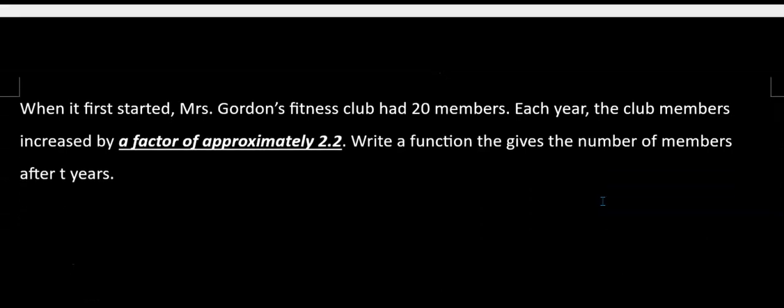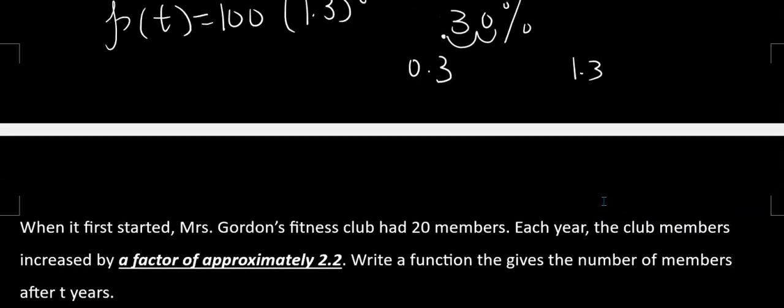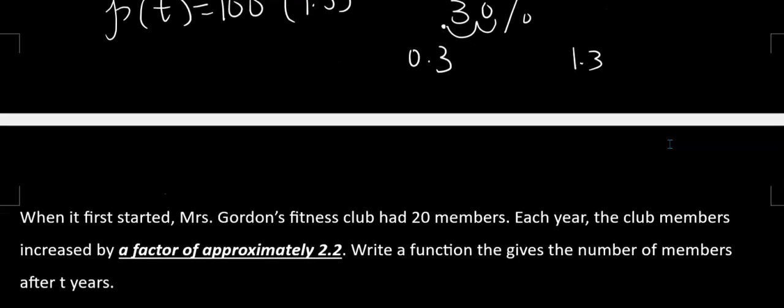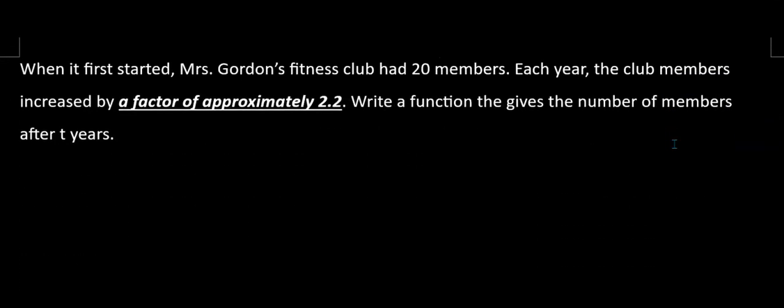All right. Now, let's look at our third problem. Our third problem this time is not grow at a rate of, as earlier; this time it is growing by a factor. So Mrs. Gordon's fitness club had 20 members. Each year the club members increase. We like it to increase.